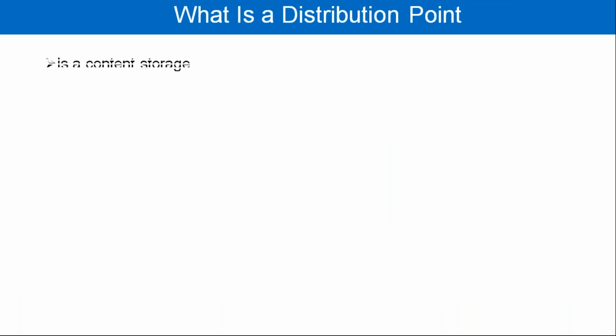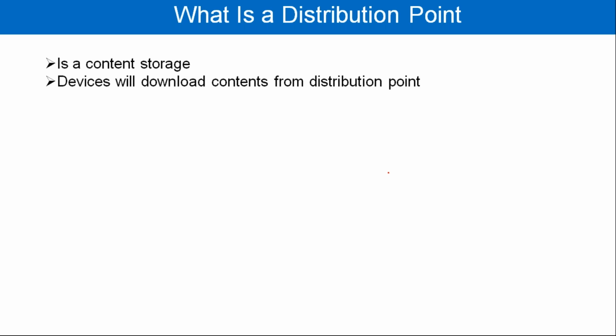Now, the second role is distribution point. Distribution point is also a very important role. Without this, the devices will not be able to download the content. So distribution point is a content storage, like a warehouse or a godown where you keep all your software update files, software application files, or operating system files.